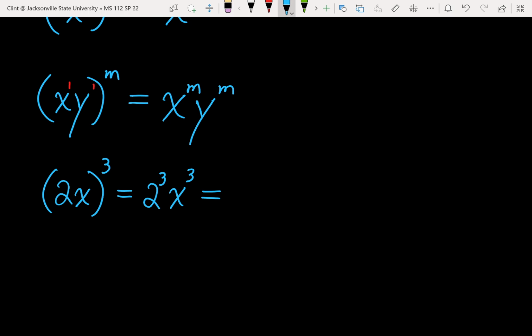Like we're trying to calculate that. We do 2 times 2 times 2, right? It says we multiply 2 by itself 3 times. So that one we would get 8. A lot of times people forget to raise the 2 to the 3rd. That's this situation, right? It's 2 to the 1st times x to the 1st.